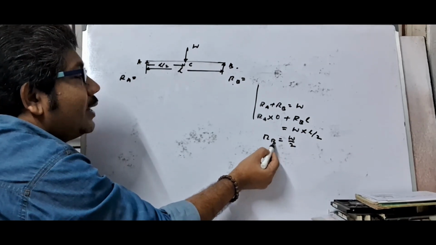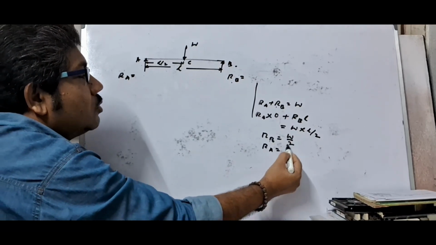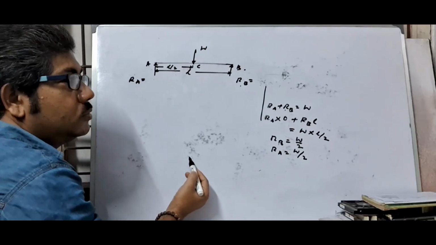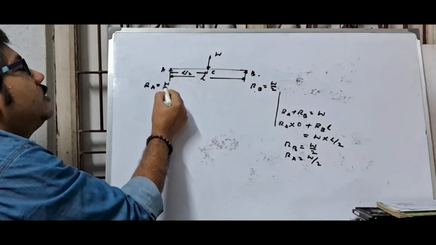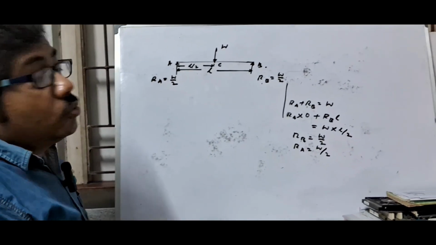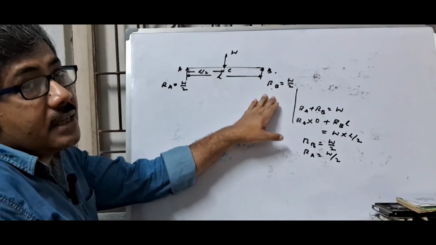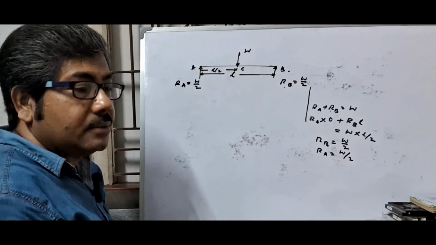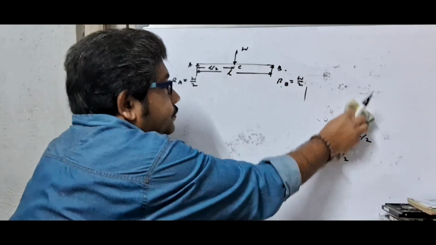And putting the value of RB in this equation, RA equals W minus W by 2, so also W by 2. So the value of RB is W by 2 and RA is W by 2. So we have to calculate the support reactions at A and B at first, all the time, for a simply supported beam. Now we have to calculate shear force.